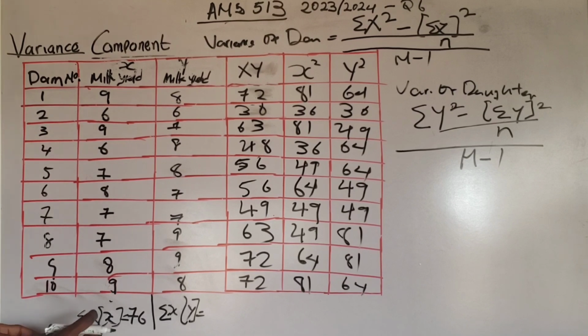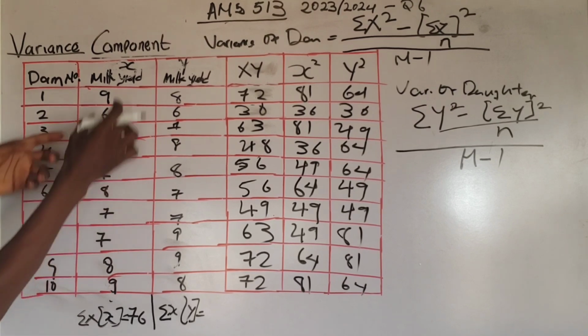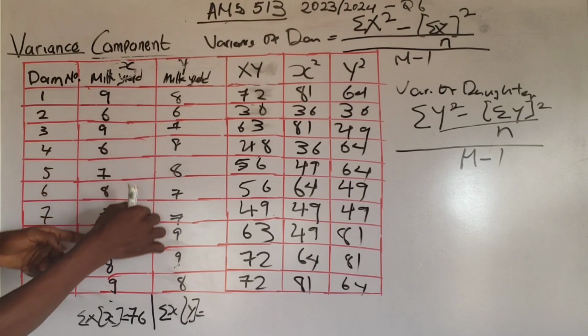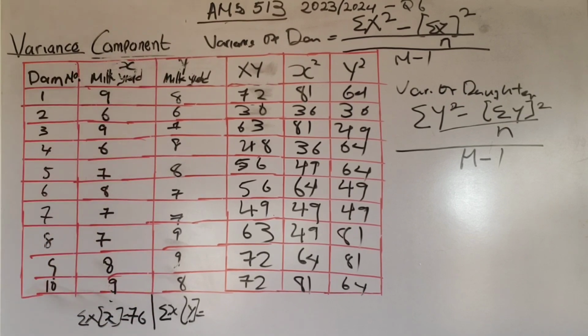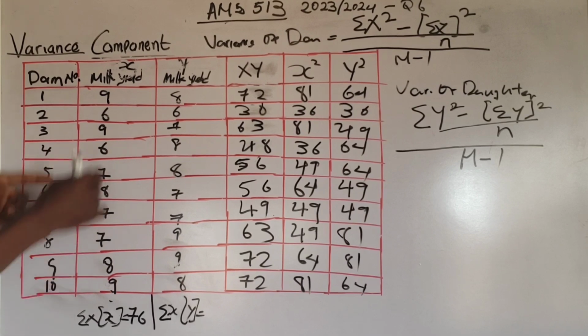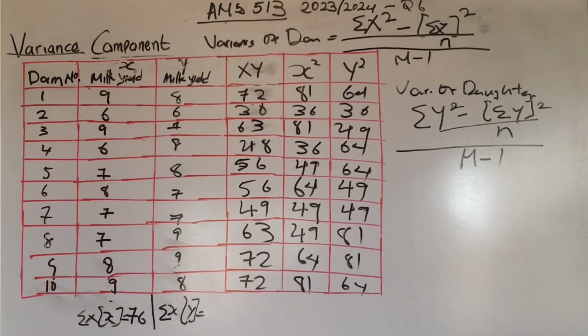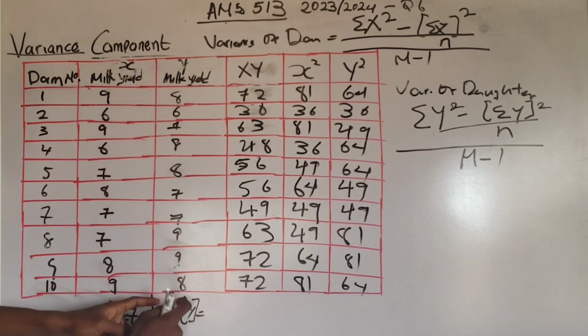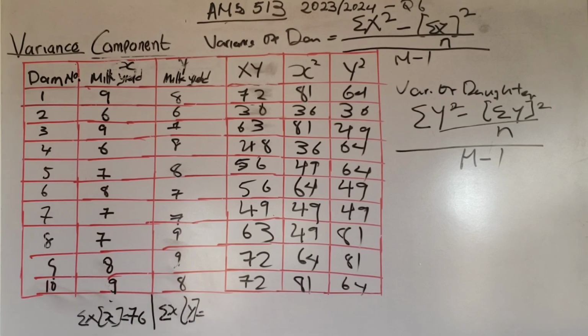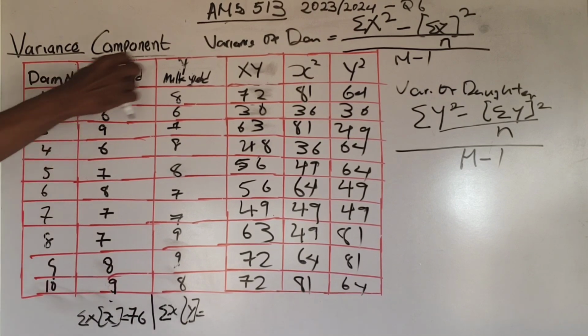Because that is the formula to find this particular yield. Summation of this x. So the summation of y, that is summation y. You understand? Yes. The y that we have here is that we are summing up.